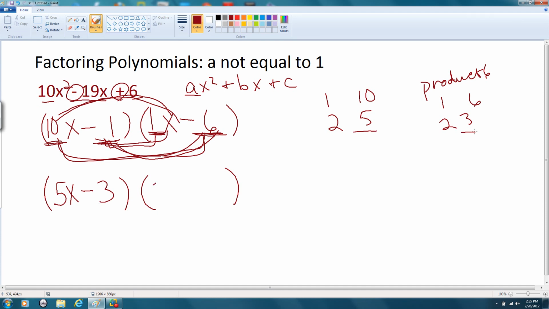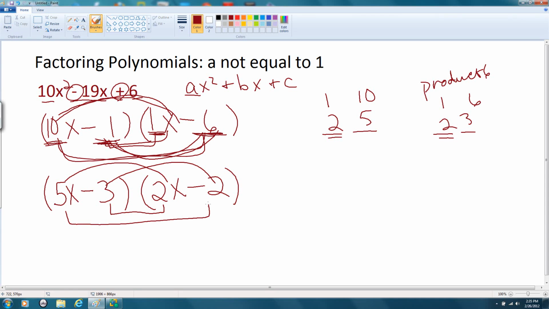And let's say we had 2x minus 2, because those are a possibility, because we would have, again, 10x, and we would have plus 6. And here we would have negative 6x and a negative 10x. We'd have negative 16x. Closer, but not what we want.